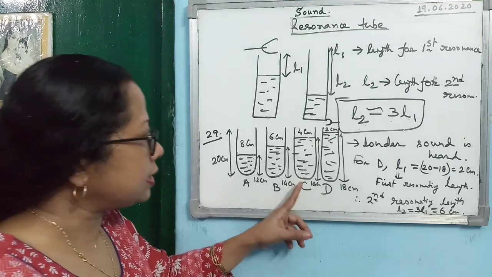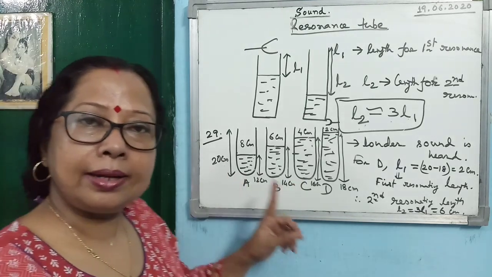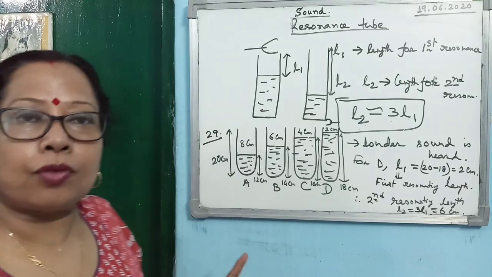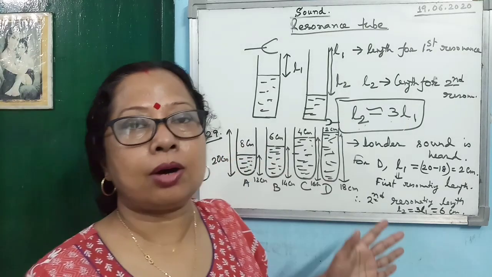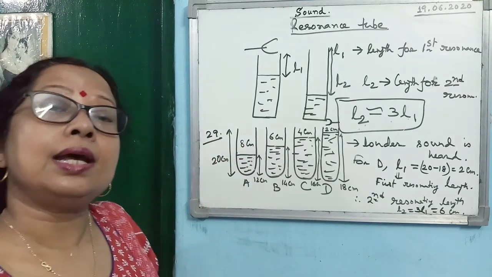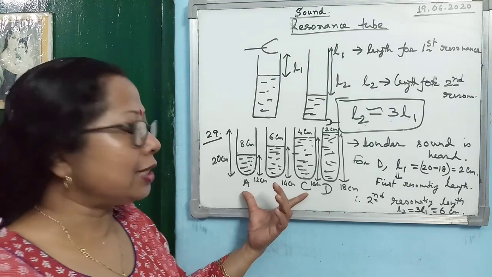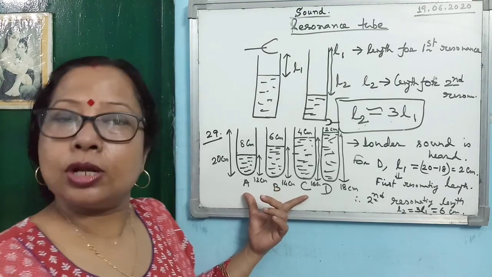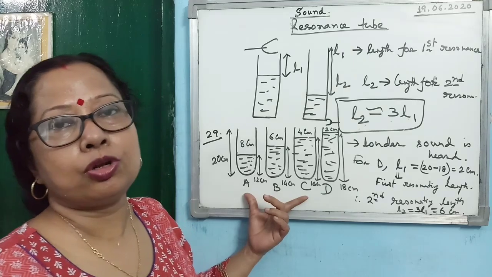Then for C and for A, write down that when the tuning fork is held above the air column, forced vibration will take place, but no resonance and no louder sound will be produced.